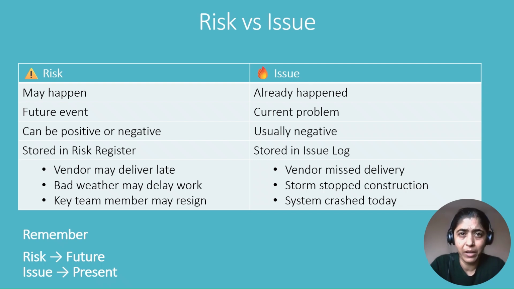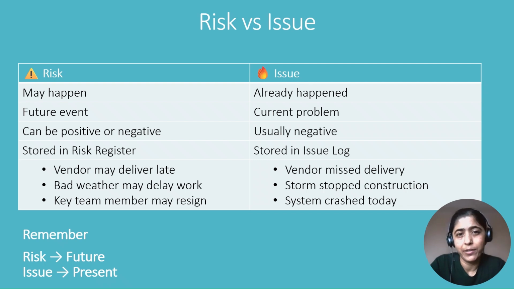The weather predicts there may be heavy rainfall tomorrow. Since the rain hasn't happened yet, it is considered a risk. Similarly, a vendor may deliver materials late, a team member may resign, or a software upgrade might fail. These are all future possibilities that could affect your project.